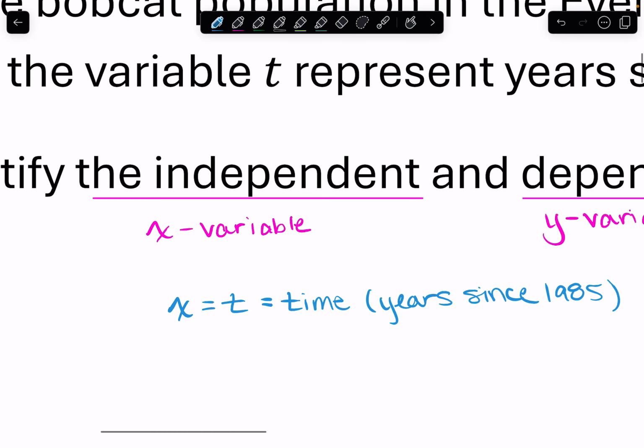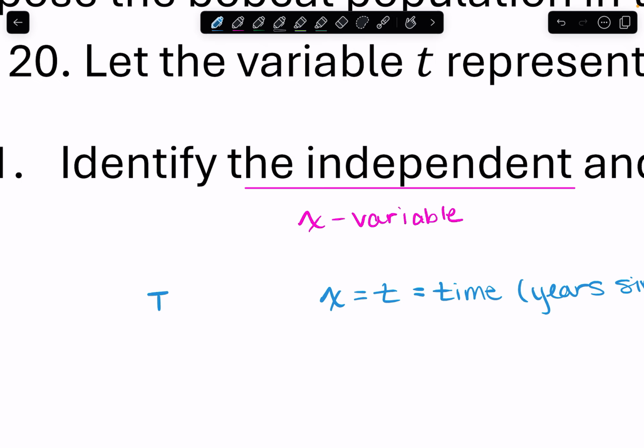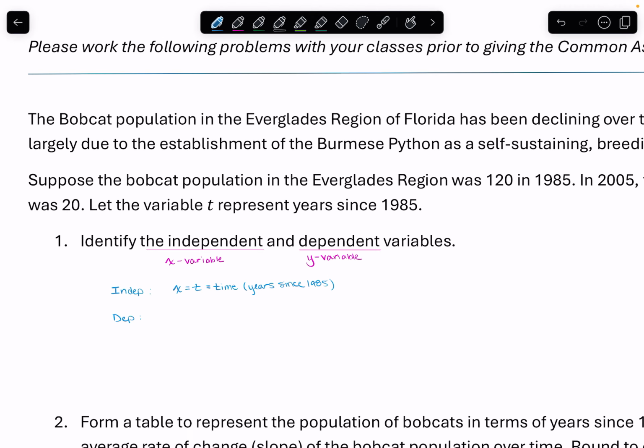Okay, so once again, it said identify the independent and the dependent. So I'm going to come over here to the side. This is my independent, and I'm just going to abbreviate it. Now I need to identify my dependent. It doesn't say which letter to call it, so right now I'm just going to put y equals, because I don't know what variable we're going to use just yet.